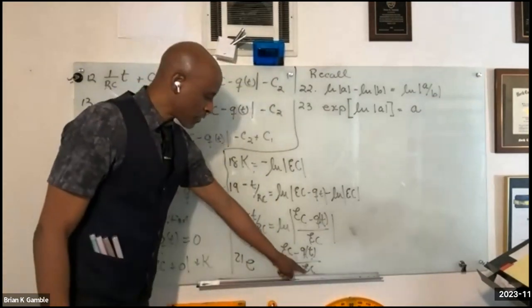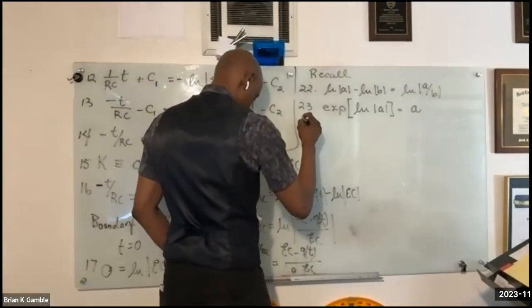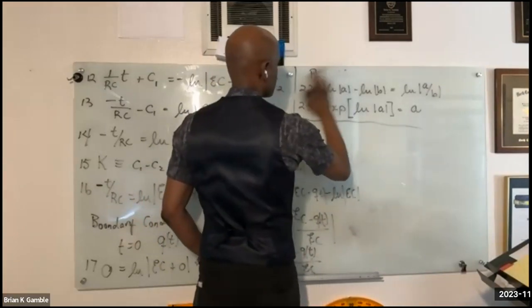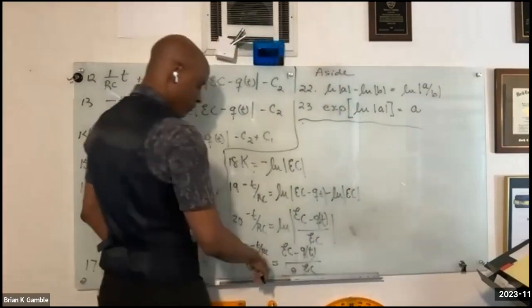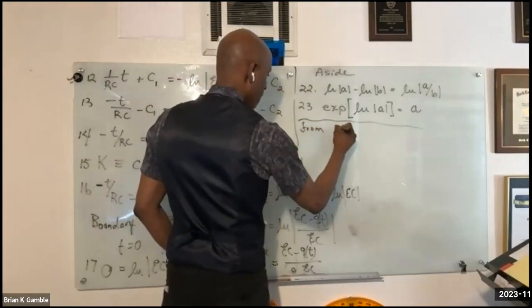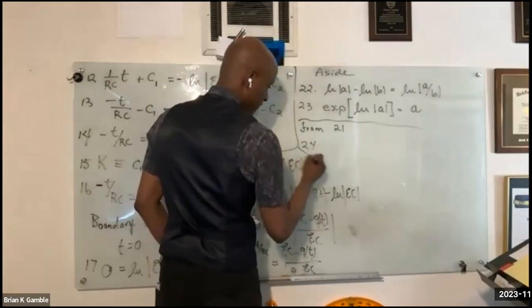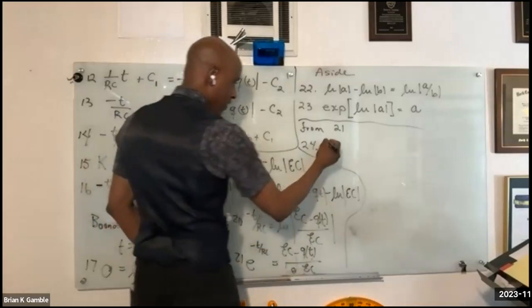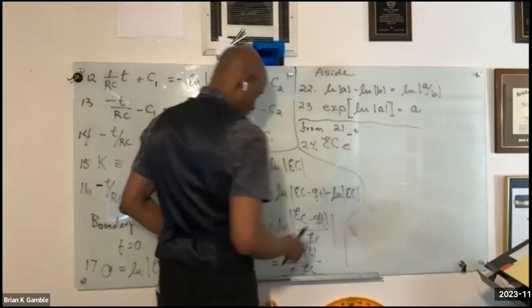Okay, so now I'm going to multiply through by EC. Now we're back to this guy from here, so from 21, 24, we're going to have EC times E to the negative T over RC.